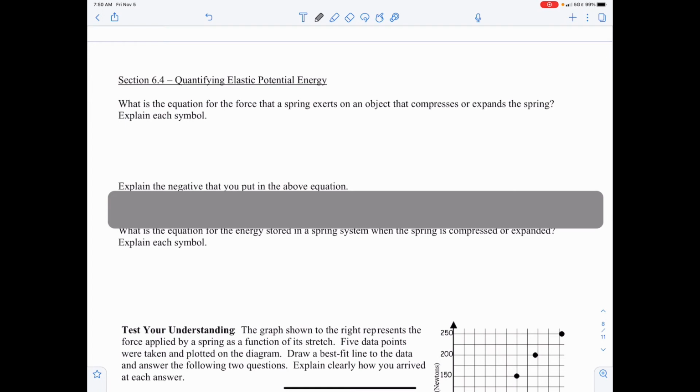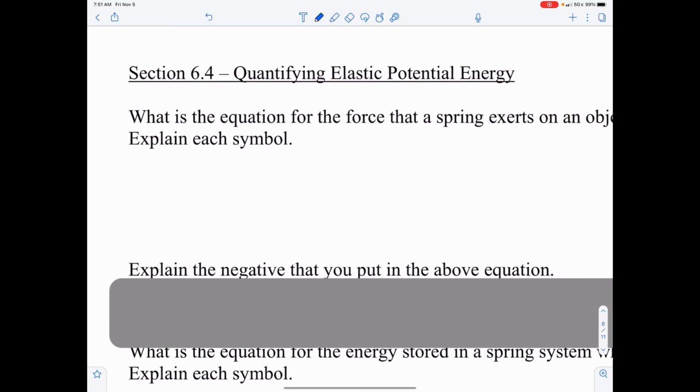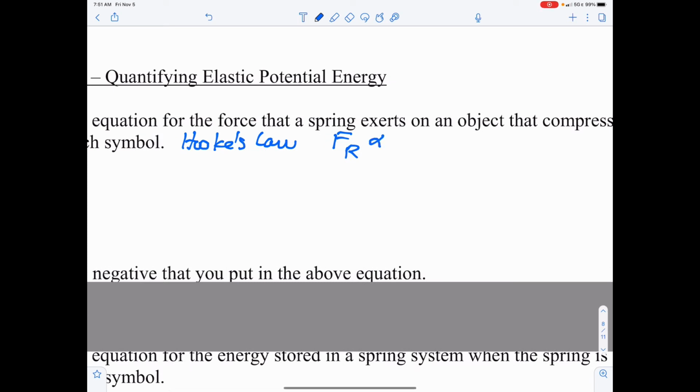Section 6.4, Quantifying elastic potential energy. What is the equation for the force that a spring exerts on an object that compresses or expands the spring? Well, this is known as Hooke's law, which tells you the restoring force is proportional to the negative of the displacement of that spring.